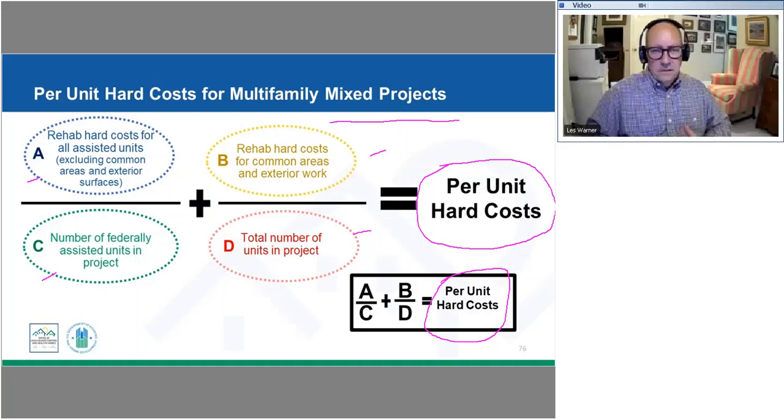And Bruce, I think what probably complicates this for folks is that programs like HOME and CDBG might have a project with both market rate and assisted units. HOME particularly allows you to designate assisted units, so you cordon off and say, we're only putting the HOME funds into these specific HOME-assisted units, and a lot of the other rules only apply to those units. So maybe there are 40 units being rehabbed overall, but our HOME funds are designated for 11 of those units.